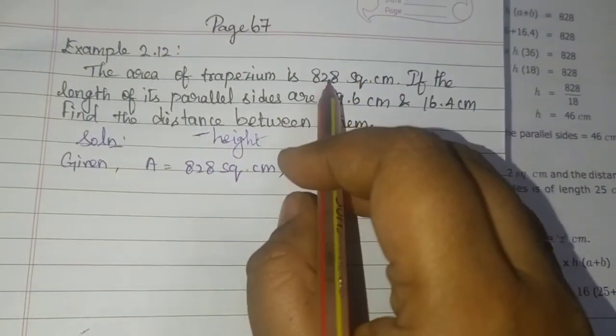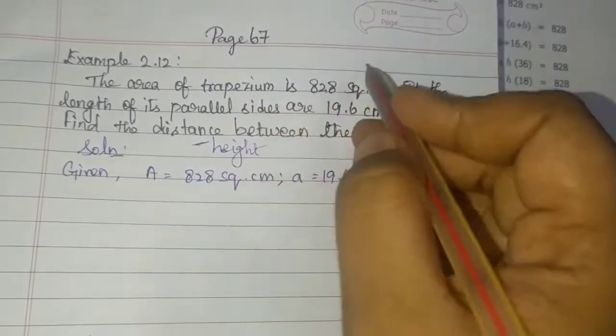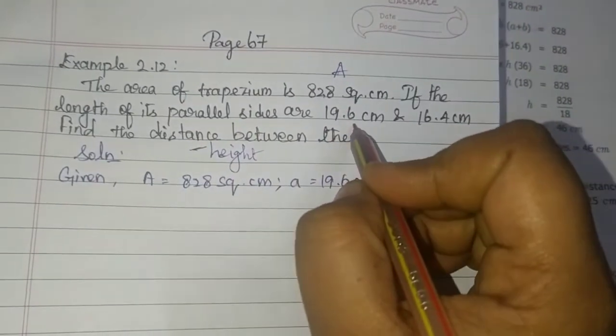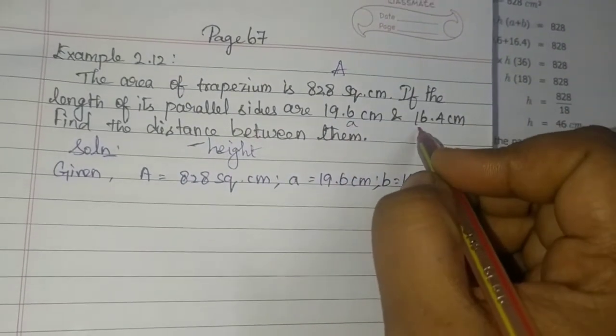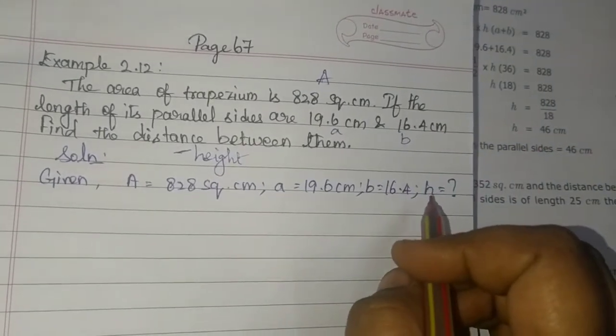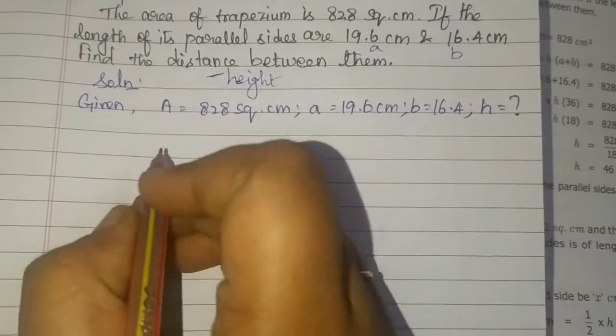Okay, we have to find the height. They given the area value, you take it as capital A, and then small a value is 19.6 and then small b value is 16.4. Now we have to find the h. Shall we do the sum children?